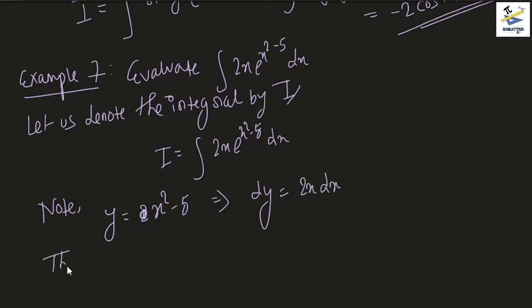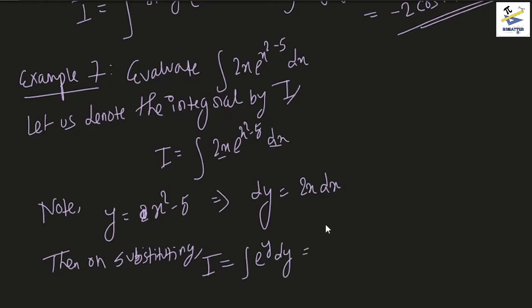Then on substituting, I is equal to e to the power y, and the 2x dx becomes dy, right? And you know the integration of e to the power y is just e to the power y plus c, and you put in the value which was x square minus 5 plus c.